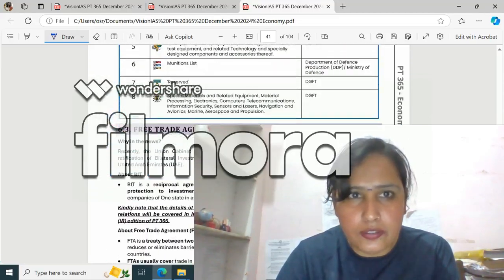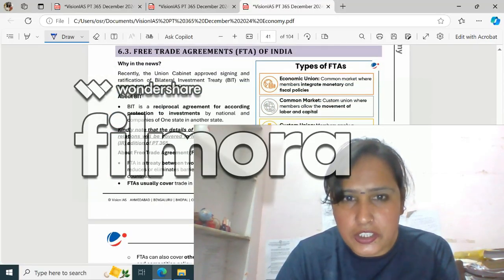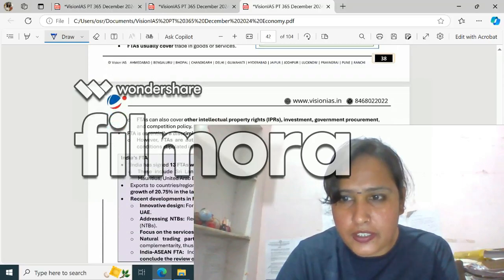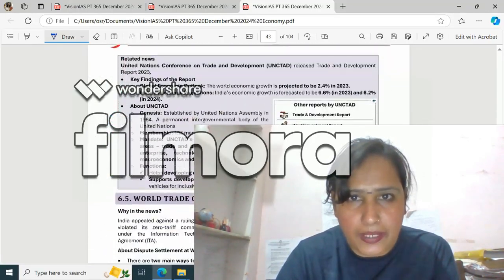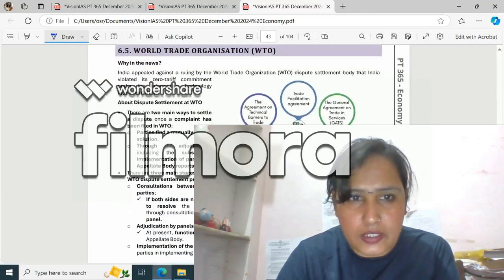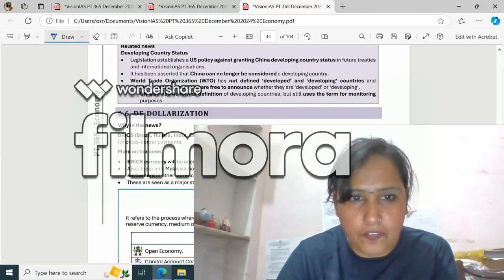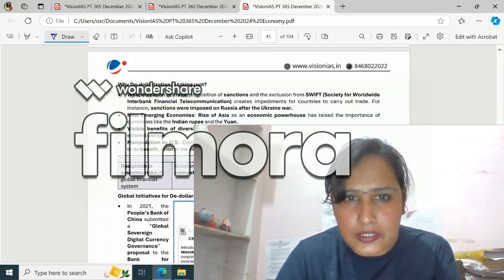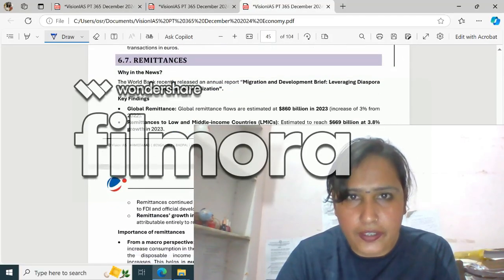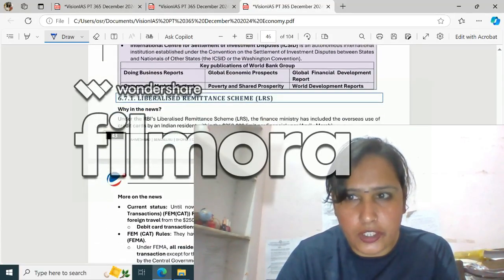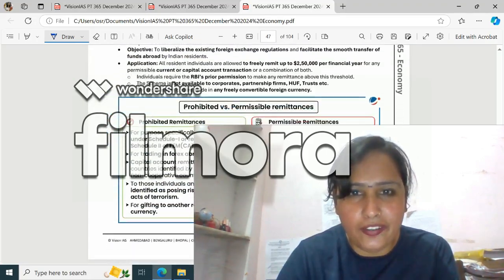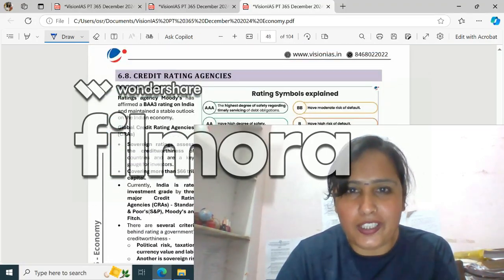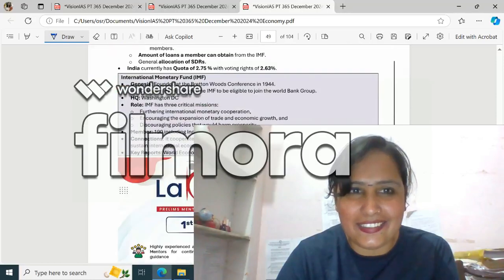Next is free trade agreements of India, and global trade barriers are also included, and the World Trade Organization is also included in this external sector. De-dollarization is also included, and remittances are also included, and next is the liberalized remittance scheme, and credit rating agencies are also part of the external sector.